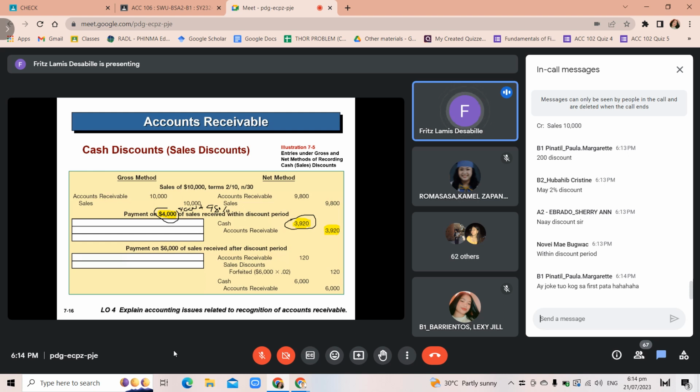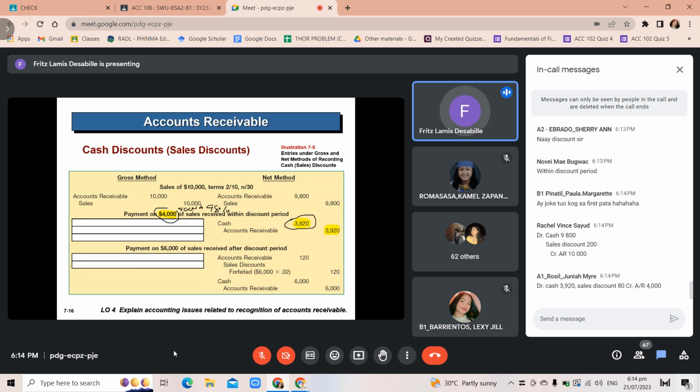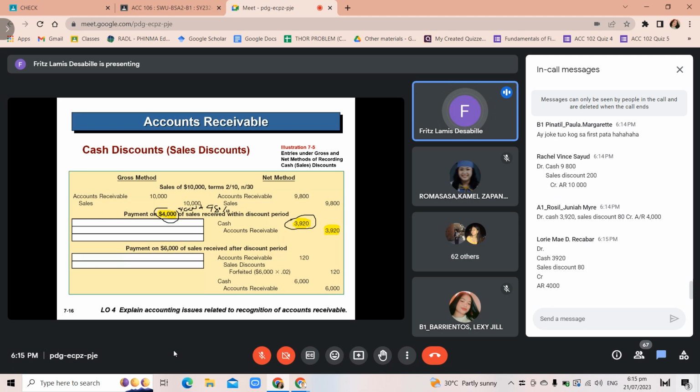Rachel's answer, I think, assumes the whole amount was collected. Take note, Rachel, we only collected 4,000. So it's not 9,800. It's still 3,920.